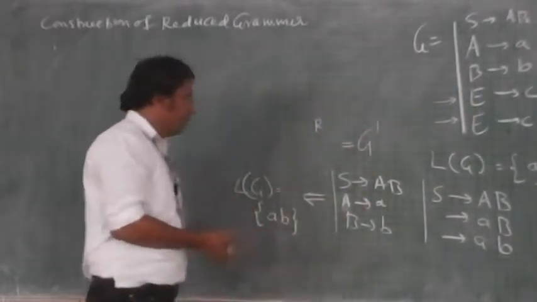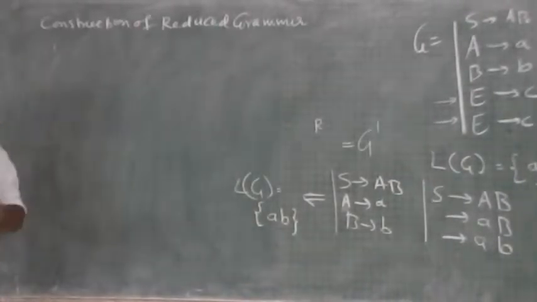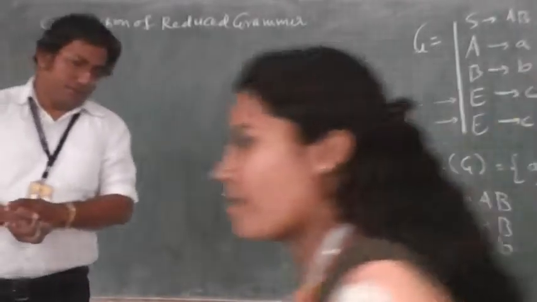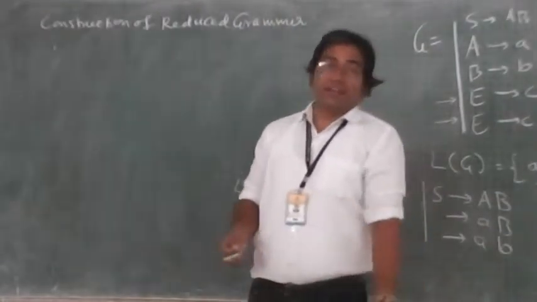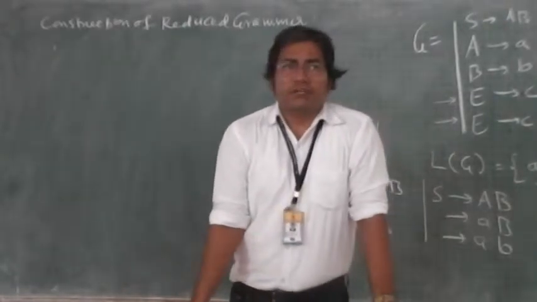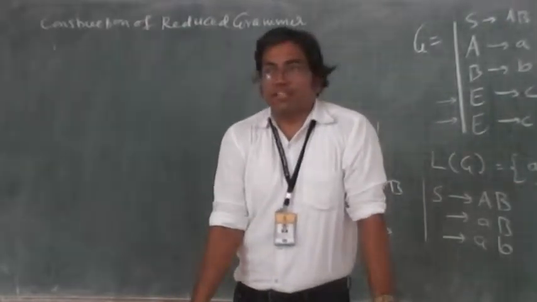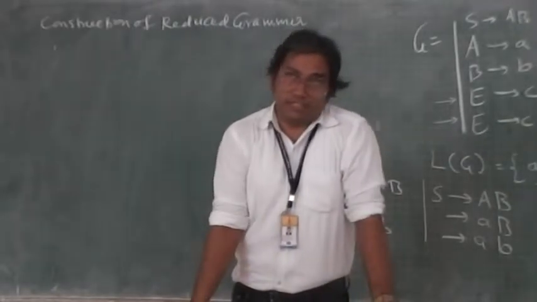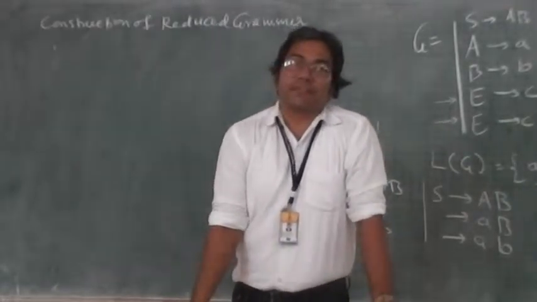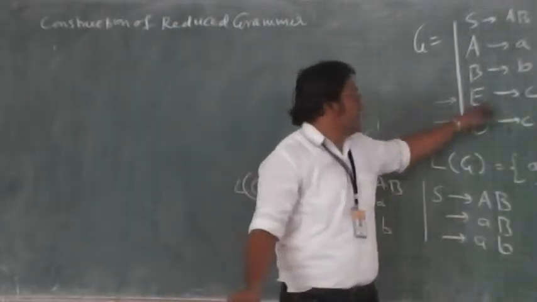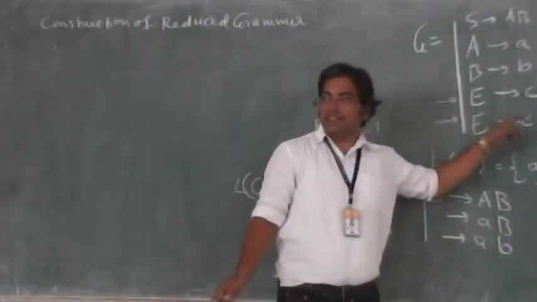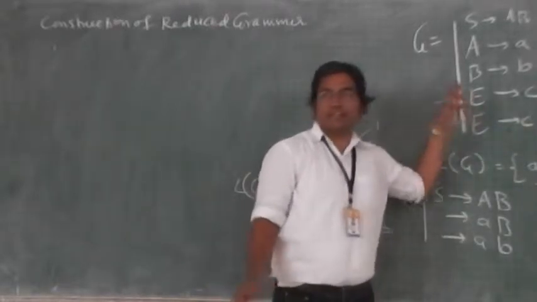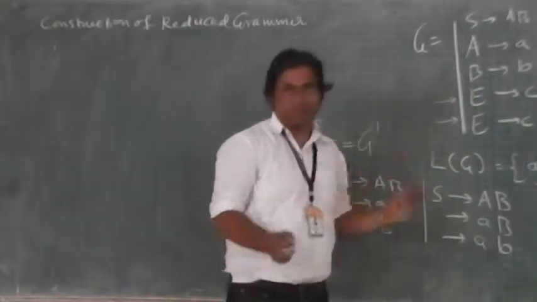So this is the objective of the point we are going to discuss today under construction of reduced grammar. If you have been given a context free grammar having a number of productions which are useless, in the sense that they are not taking any participation in the derivation of a string, like in this case E implies capital C and E implies small c, these two productions are not taking any part in the derivation.